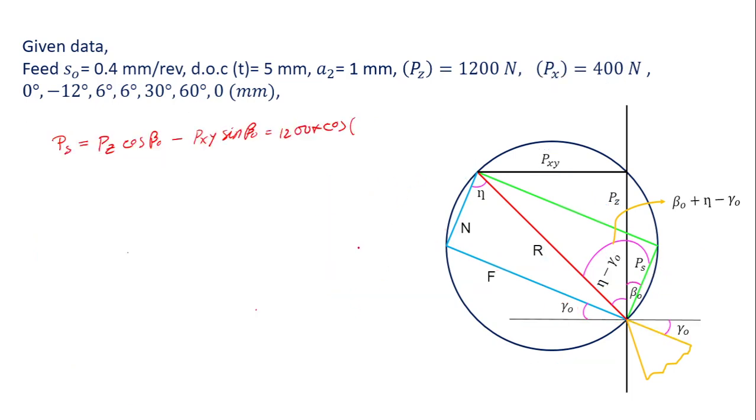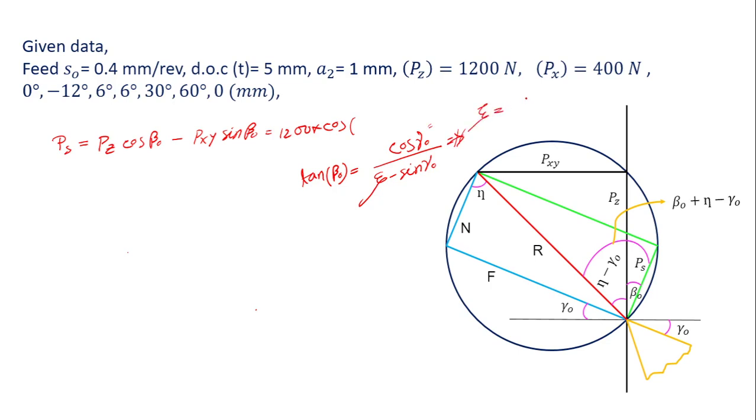How can I find out the beta naught? We know that tan of shear angle beta naught is equal to cos of gamma naught by zeta minus sine of gamma naught, correct? Here I know the gamma naught value, but zeta is unknown. Let's first find out the zeta.